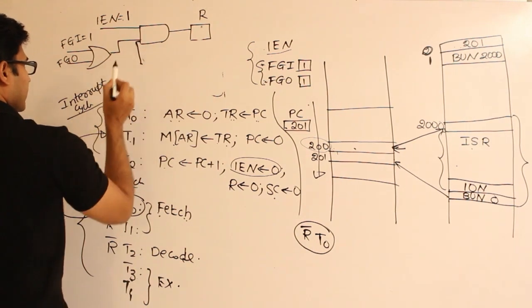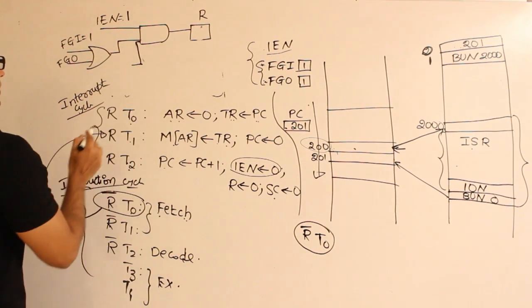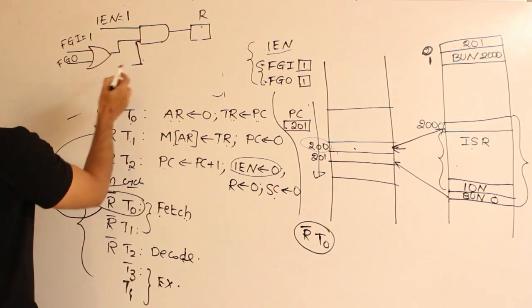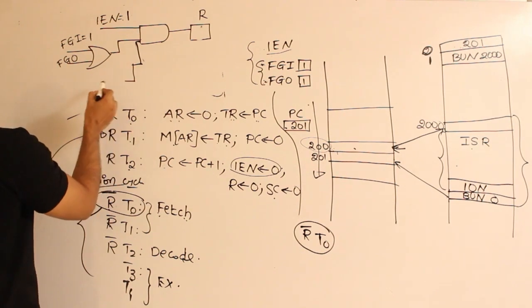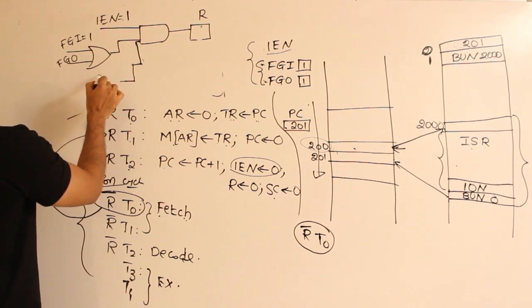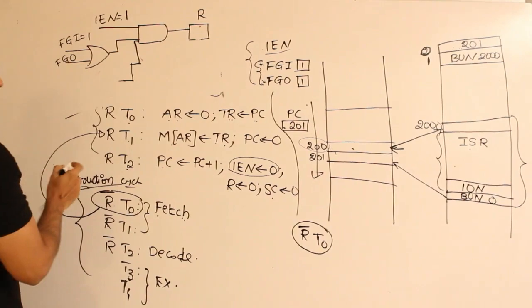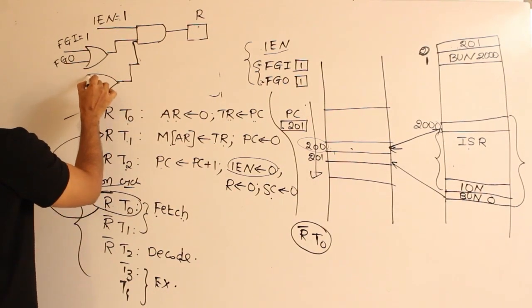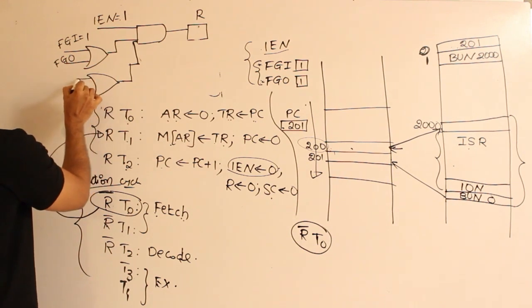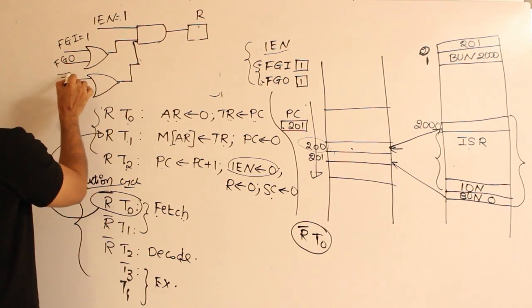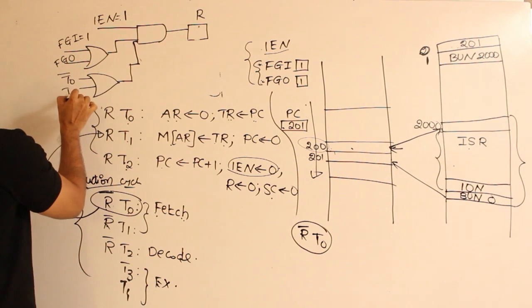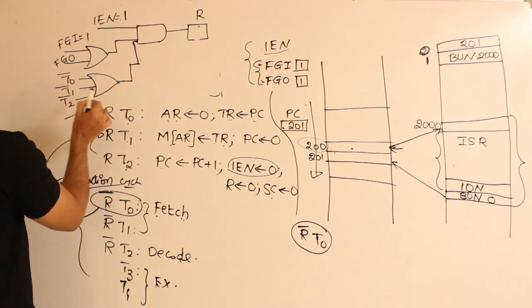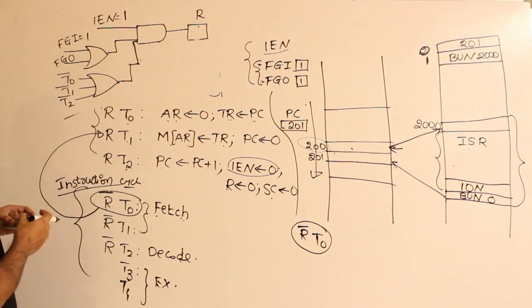So what I'll try to do is, in case it is not T0, not T1, not T2, then only I am going to set this.